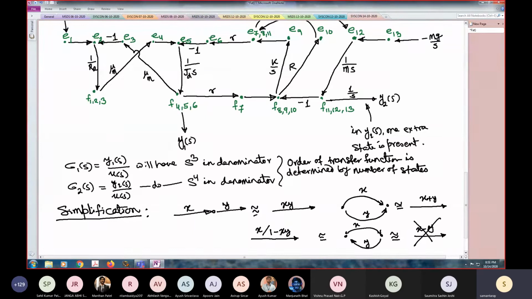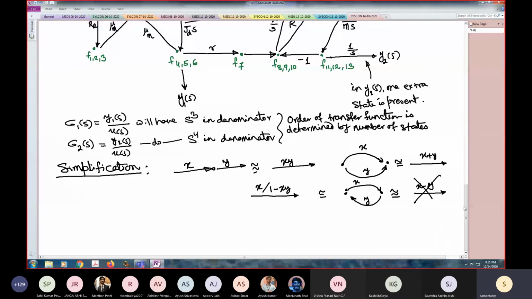Or if y is the forward path, then we will have y by 1 minus xy by the loop rule.